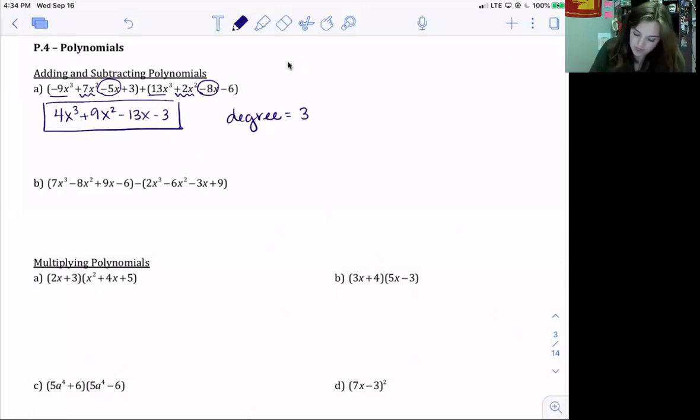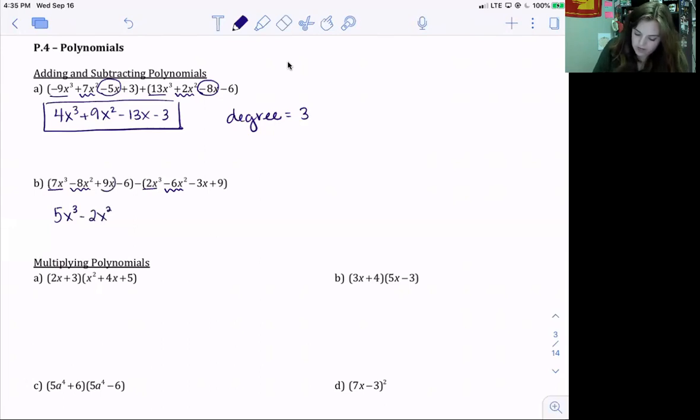So we have 7x cubed minus 2x cubed, which gives us 5x cubed. Negative 8x squared minus negative 6x squared. Remember, two negatives make a positive. So this makes it negative 8x squared plus 6x squared, which gives us a negative 2x squared.